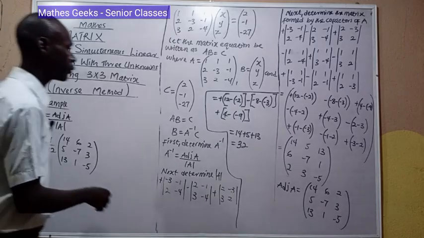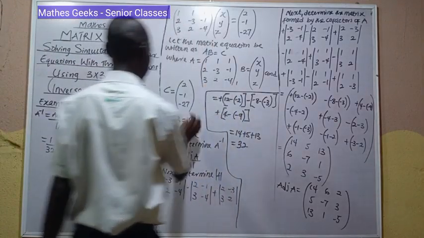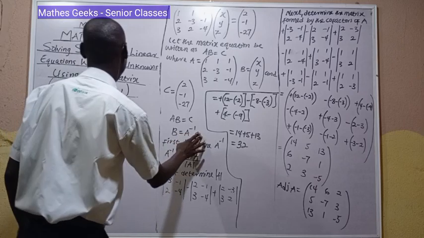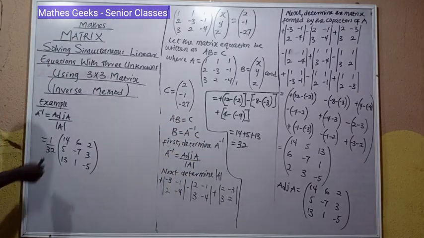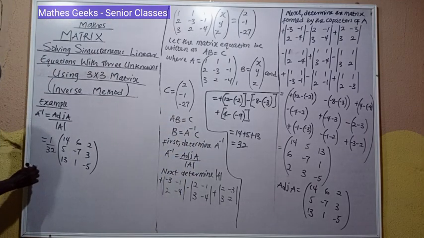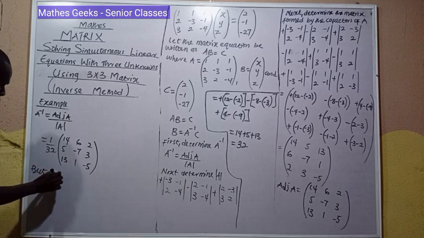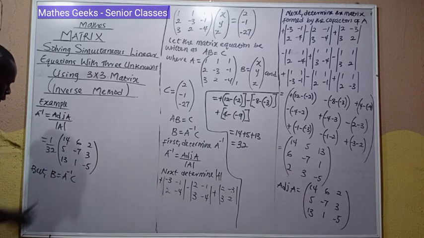This is A inverse. But what we have here is A inverse multiplied by C. So you see, B is equal to A inverse multiplied by C.